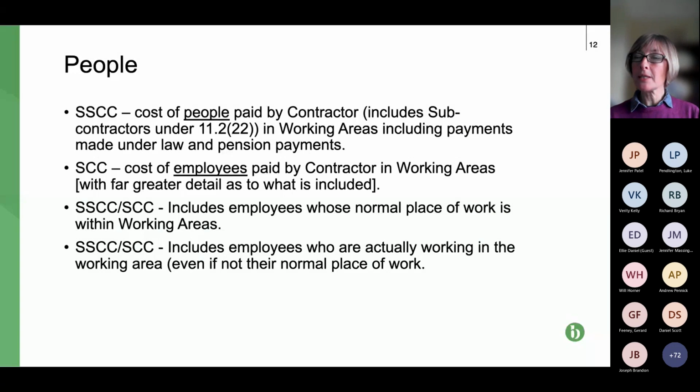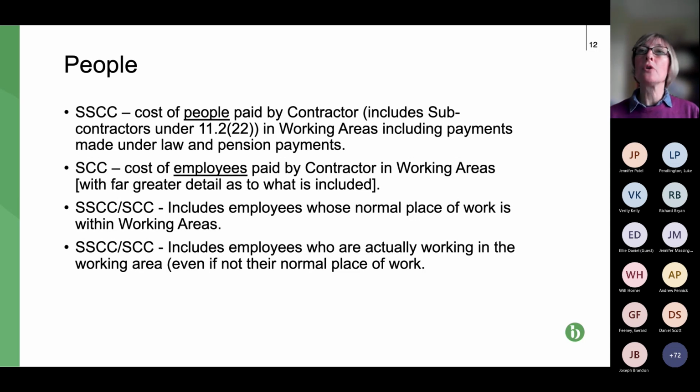So that first heading, number 1, is people. So this is basically under NEC 3 and 4. What we're talking about is the people engaged by the contractor in a contract or the subcontractor in a subcontract. Any party who has subcontractors, they will be dealt with under NEC separately under the defined cost definition.